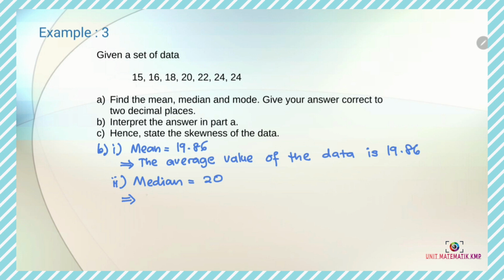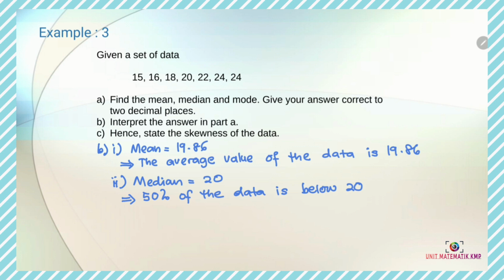The interpretation is 50% of the data is below 20.